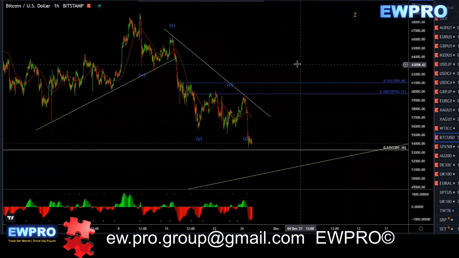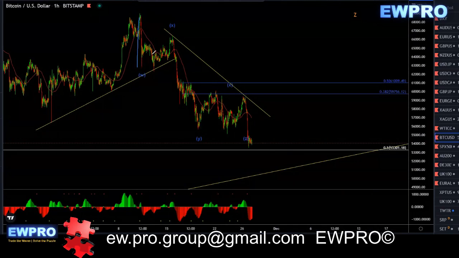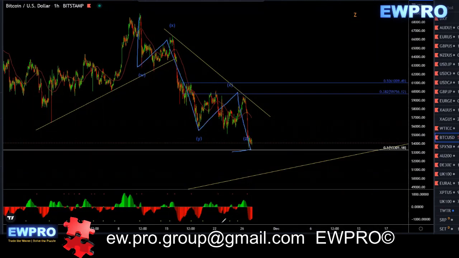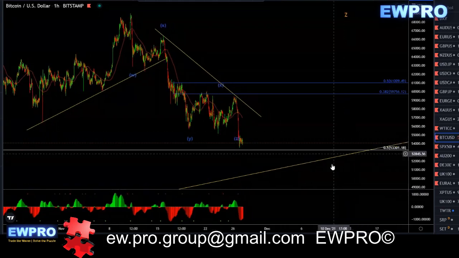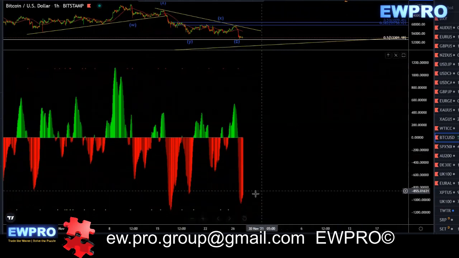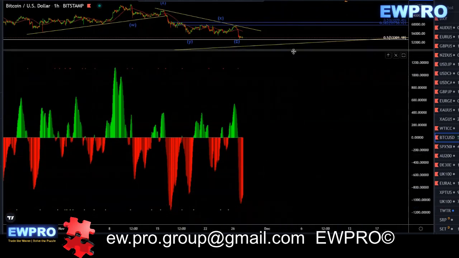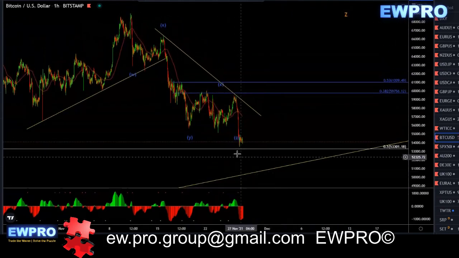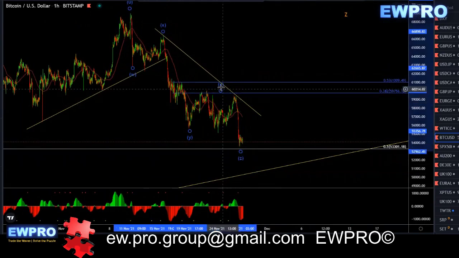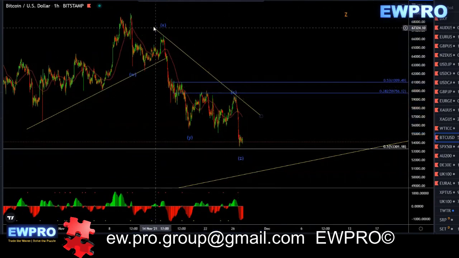Last week we were looking for the sell. We were looking for that W, X, Y, X2, and then the Z down. We got the Z down. Do we have bullish divergence here? We do have bullish divergence between wave Y and wave Z. This one was a little bit bigger correction.